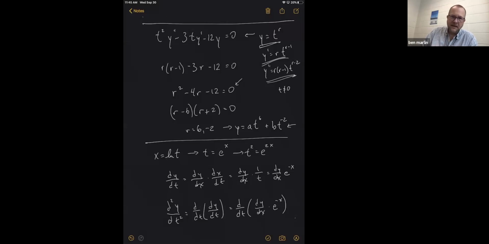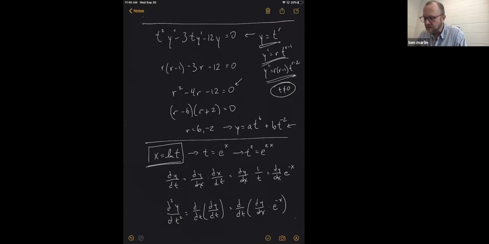Now I want to connect this up and show you that this transformation here is going to let you actually solve this differential equation as though it were a constant coefficient differential equation. But remembering that we had said we will not have t being equal to 0, then it's okay for us to have x equal log t, which also will not allow t to be equal to 0.